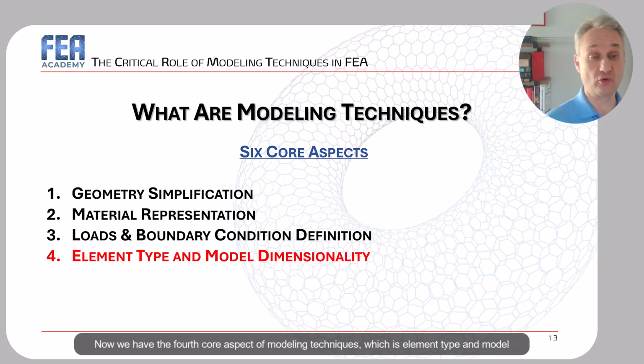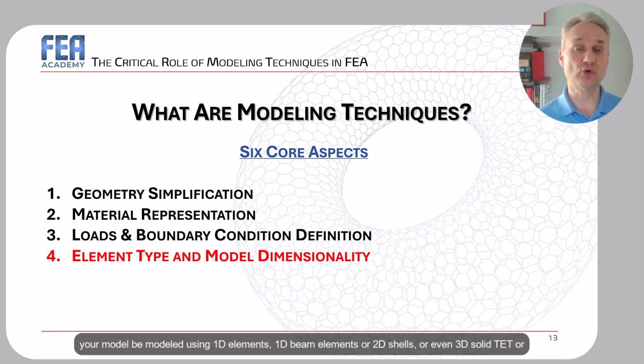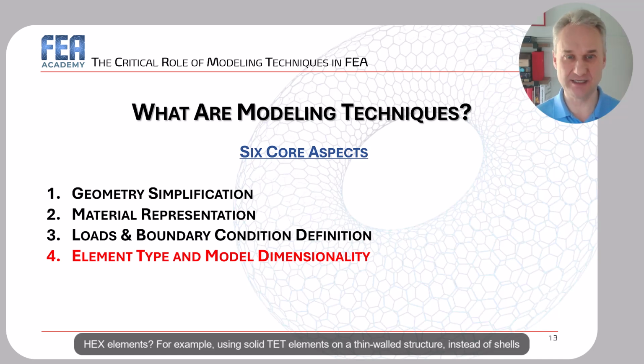Now we have the fourth core aspect of modeling techniques, which is element type and model dimensionality. Here it is related to the knowledge of the library of elements. Should your model be modeled using 1D beam elements, or 2D shells, or even 3D solid TET or HEX elements?